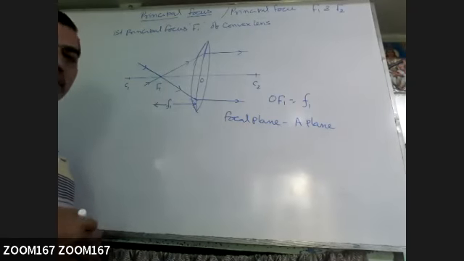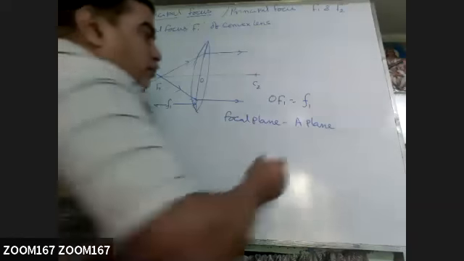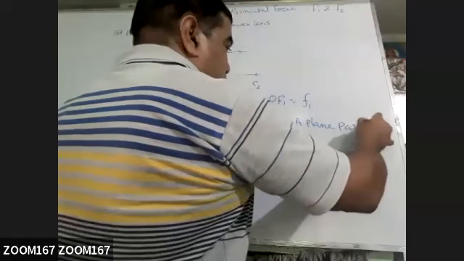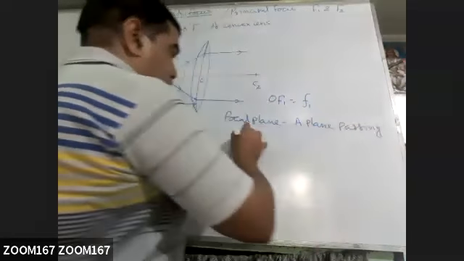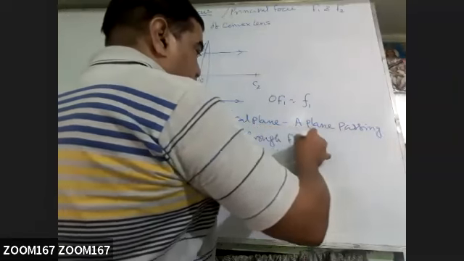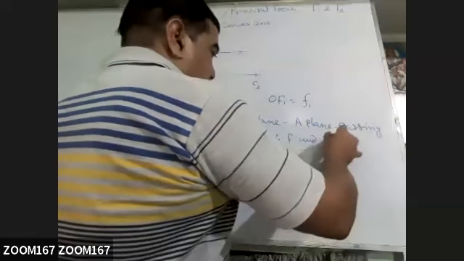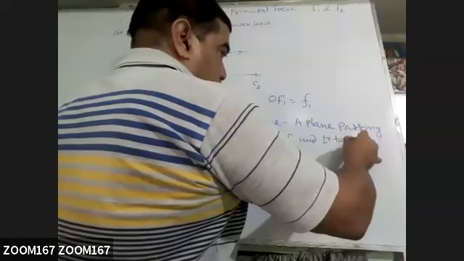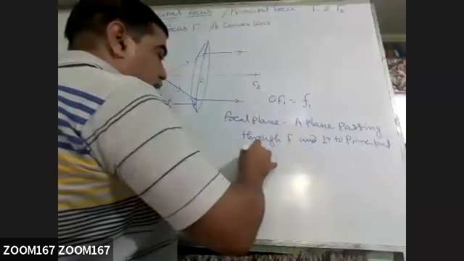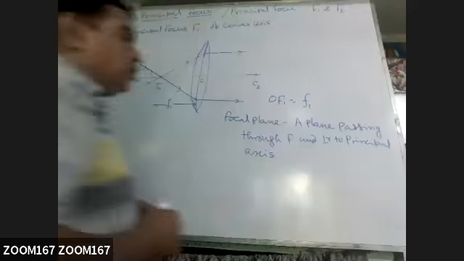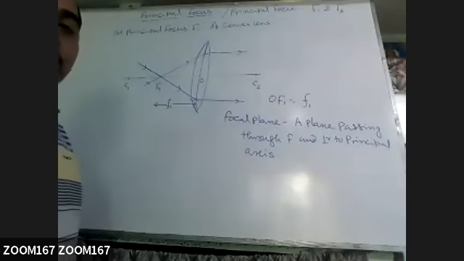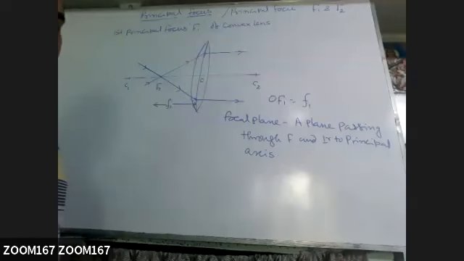That is imaginary only. Actually, there is no plane passing through that. So plane passing through focus, and there are two focus, so two focal plane will be there.